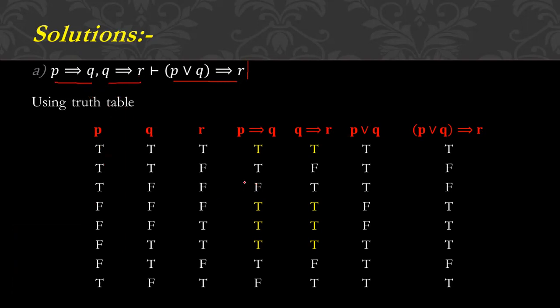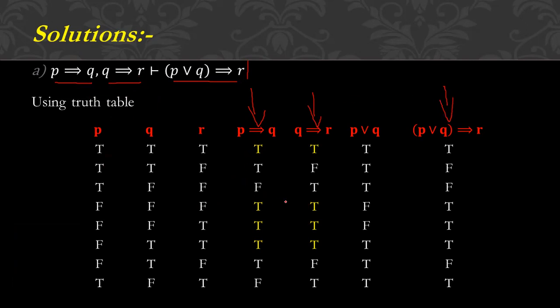The premises are P implies Q, the first premise, and Q implies R, the second premise, and the conclusion is the last column of this table.